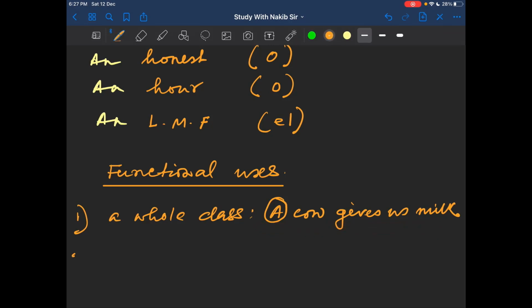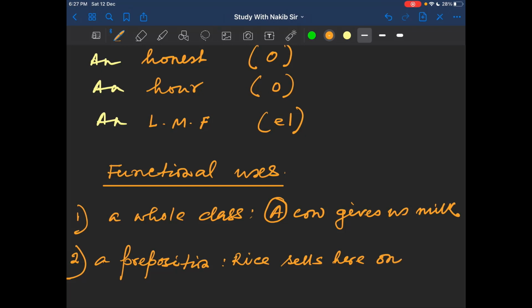Number 2. Sometimes again, functionally, an article is used before a noun as a preposition. See the example: rice sells here 1 kilo a rupee.